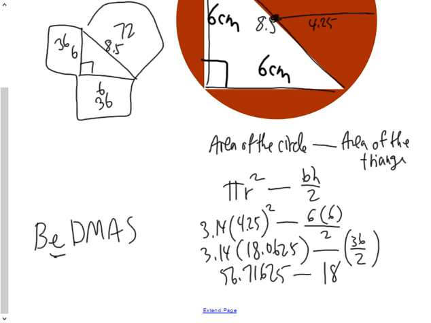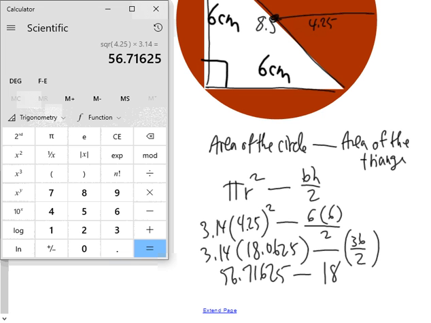The area of the red circle, take away the area of the white triangle, equals the final answer of 38.71625. That is the area of what remains, or the red. Okay? The area of the red circle, take away the white triangle, equals 38.71625 centimeters squared.